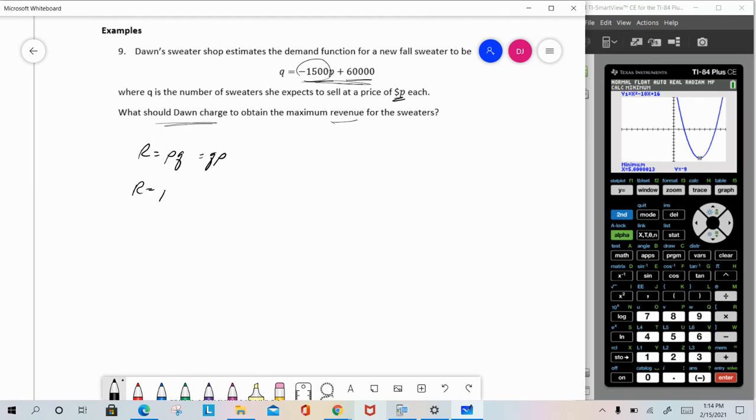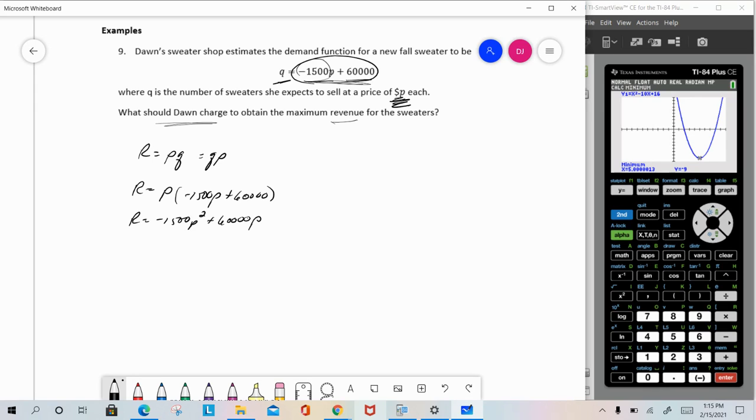So for Dawn, her price is P dollars each, and her quantity is negative 1,500p plus 60,000. So my revenue is negative 1,500p squared plus 60,000p.